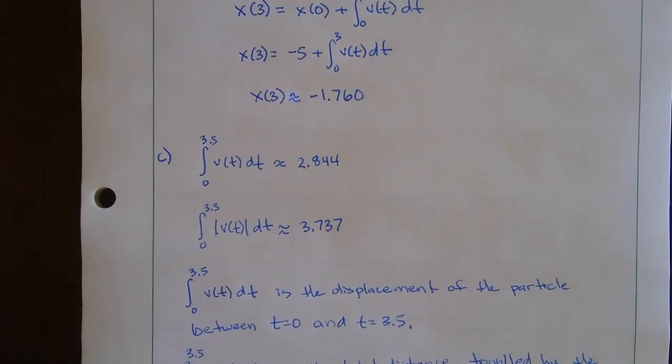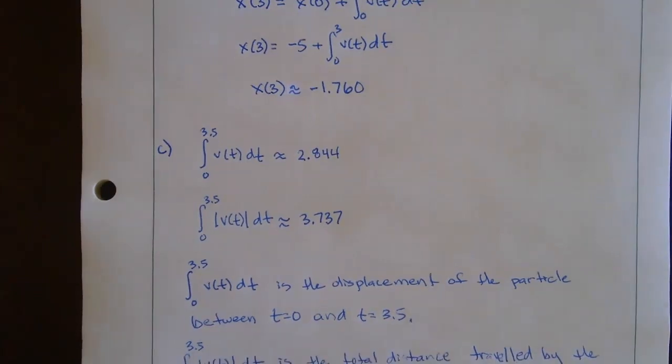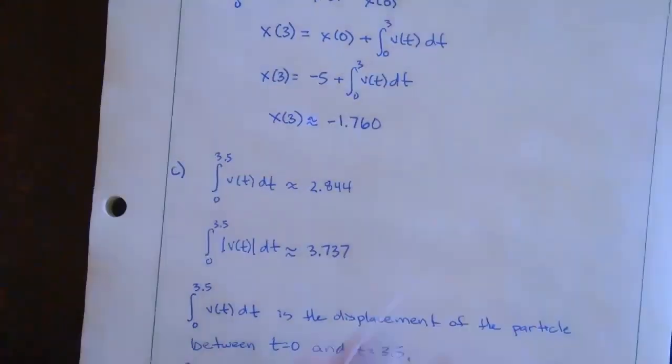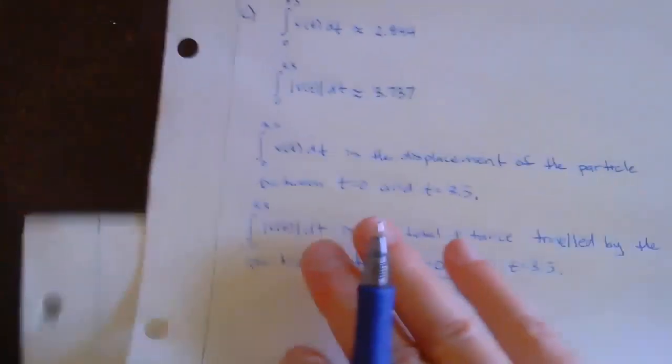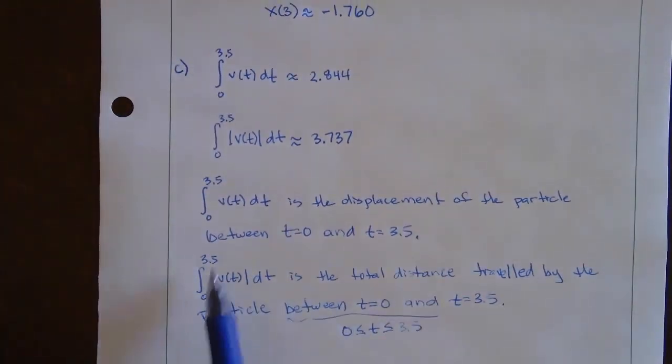Now you could write this as an inequality. In this one and the previous one, you could say something like 0 less than or equal to t, which is less than or equal to 3.5. That's between 0 and 3.5 still. Okay, I just realized you didn't see this. Let me take this off my pad. Sorry. So the integral from 0 to 3.5 of the absolute value of v of t dt is the total distance traveled by the particle between t equals 0 and t equals 3.5.